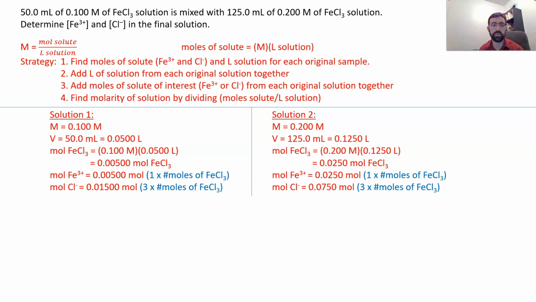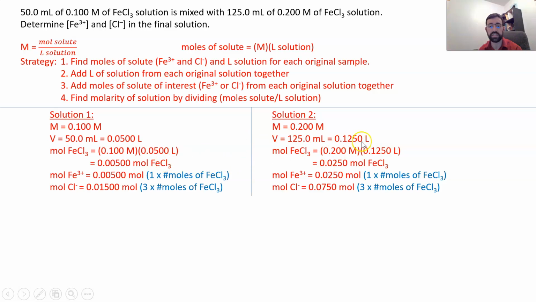The next thing that we need to do is add together our moles of Fe and our moles of Cl. That's step 3. We're going to add those together. We're also going to add the liters together. I've got 0.0500 liters and 0.1250 liters.